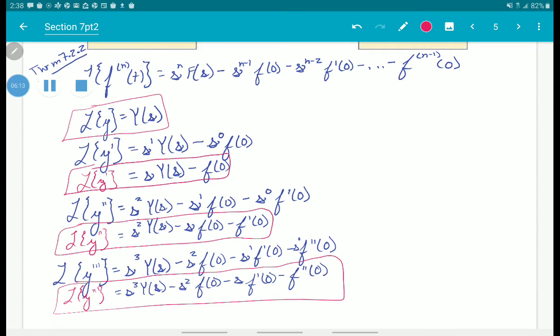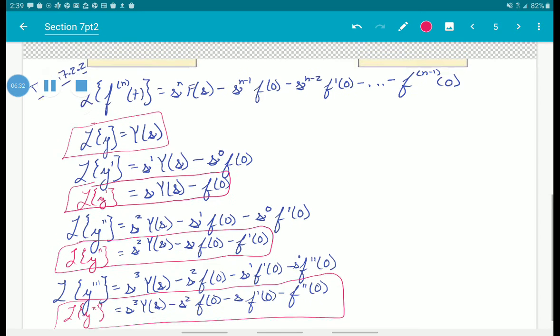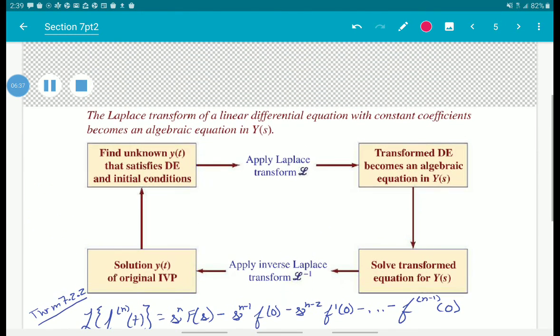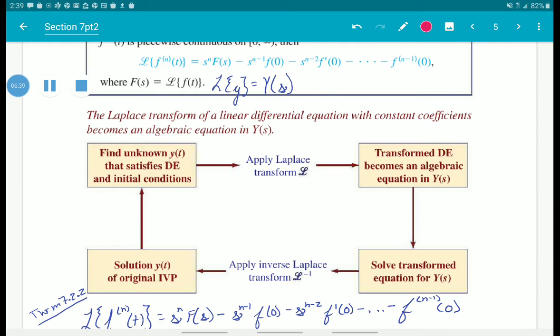That's how we're going to solve differential equations, because we're going to take that differential equation, take it to Laplace, solve it in Laplace world, which is going to be much easier for us, and then take that inverse to turn it back into something in terms of t. So just to see the path we're going to travel here.